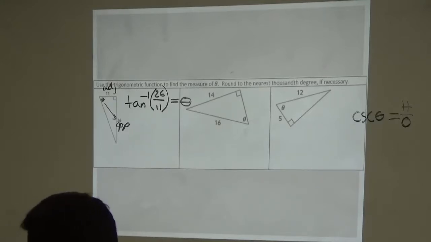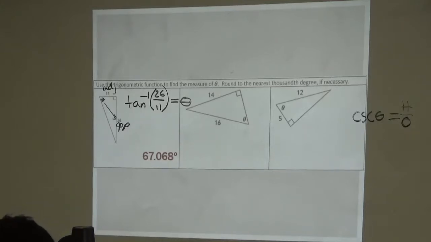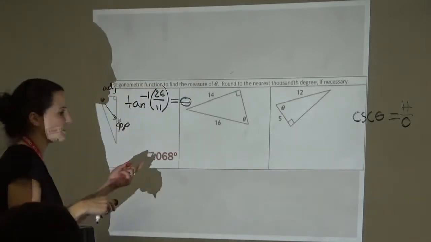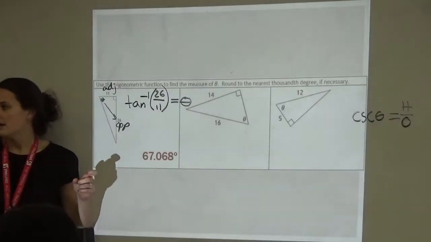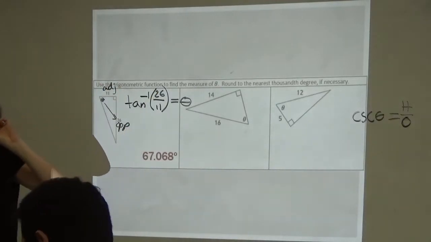Brian, what'd you get? Cool, and then everyone write degrees on that, either in words or the little degree symbol. If we're solving for an angle, I want units. And if your calculator's in degree mode, then it's going to give you an answer that's in degrees, okay? Okay, if you haven't already started, go ahead and try the next two. I'll be walking around to check.